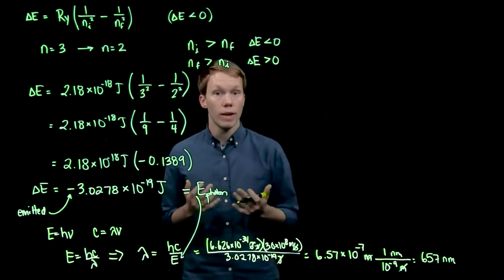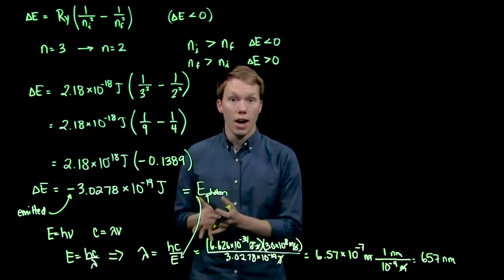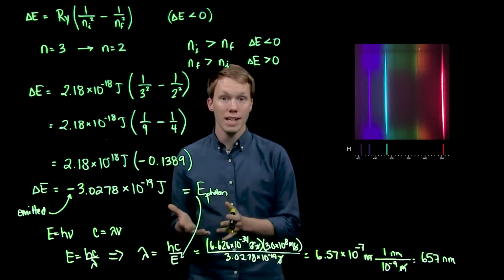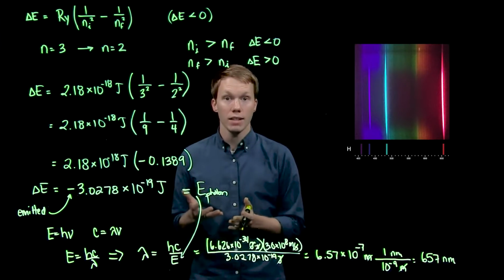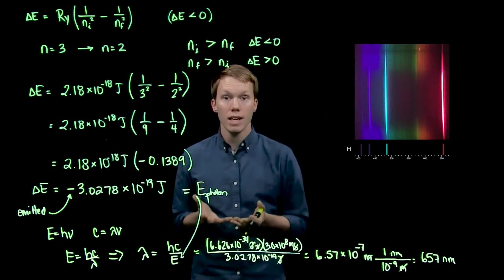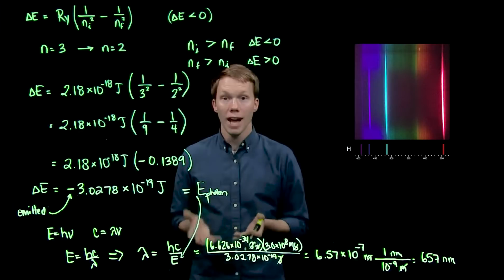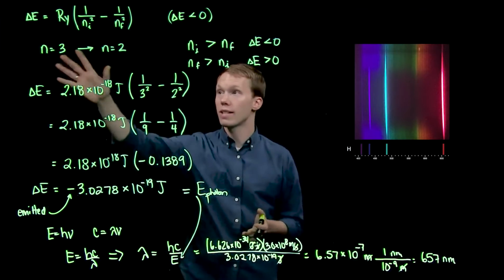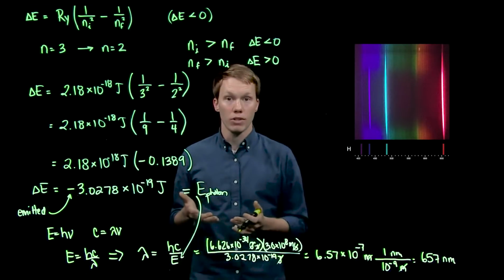And so if we look at our experimental observations from the line spectra, we can see that there is a red line at 657 nanometers. And so this predicts the emission spectrum of the hydrogen atom exactly. And we could calculate this for other transitions in the visible spectrum.